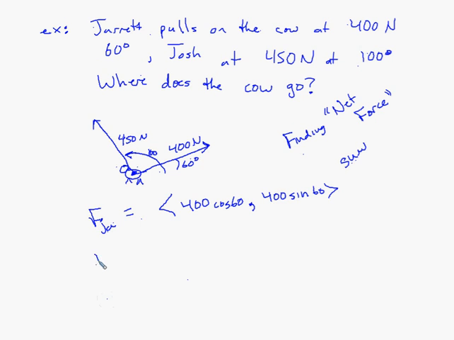And the force of Josh, so force JO, is going to be 450 cosine of 100 and 450 sine of 100. Do you see what I'm doing there? Speak now if you don't get what we're doing.